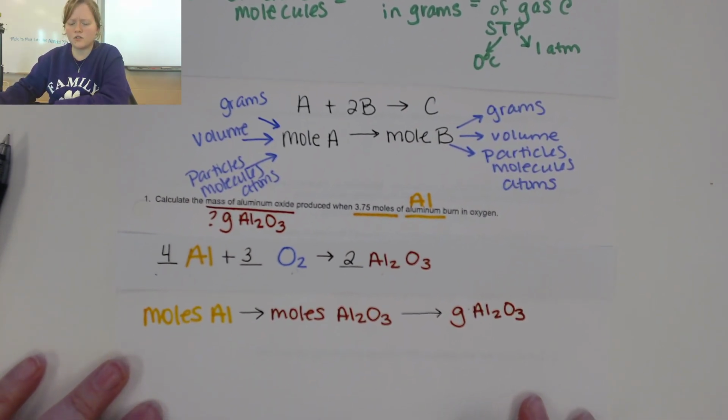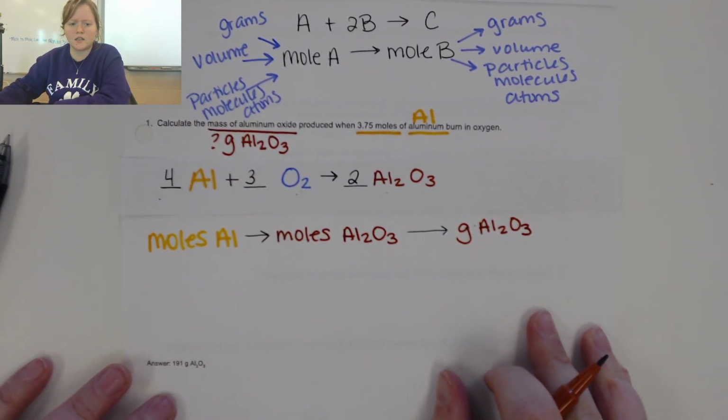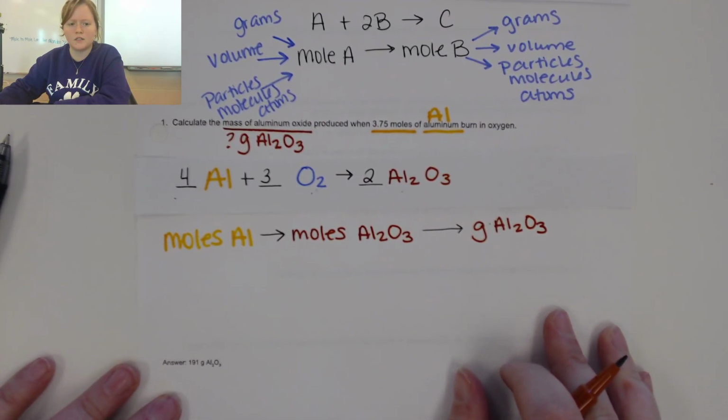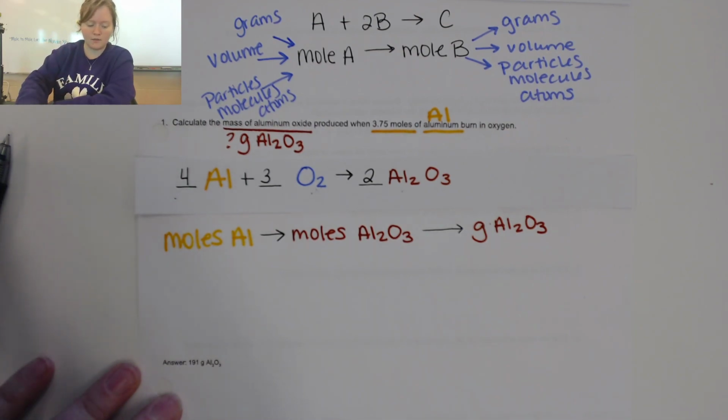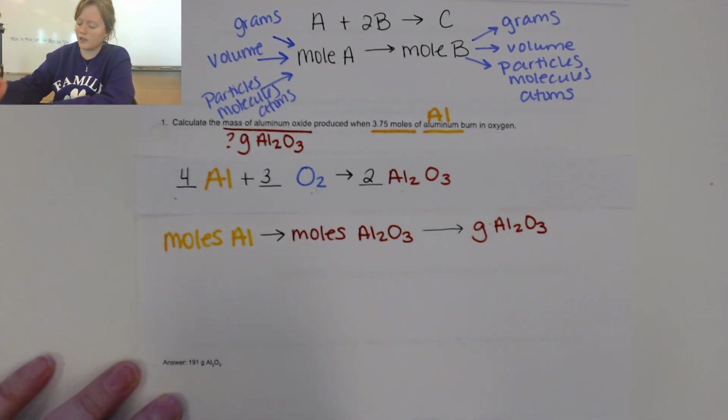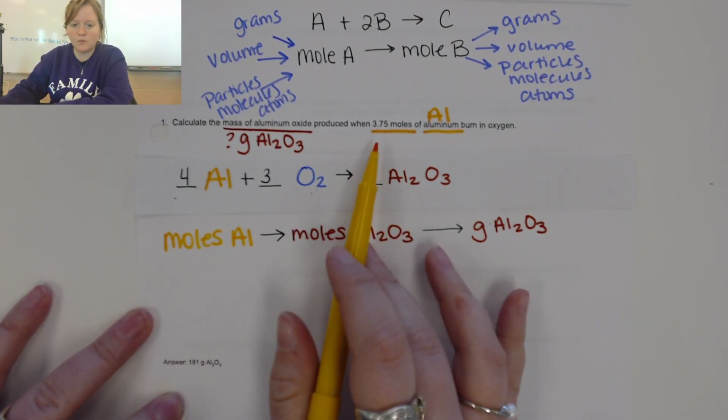This is just a very generic basic setup of what we are going to be looking at in our 2-step stoich problem. So we have 3.75 moles of aluminum.